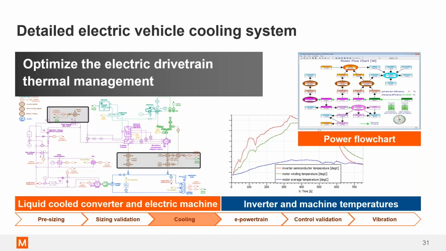Things around cooling, being able to design and size a cooling system for your particular, you've now got a motor, now you know what the losses are, now you need to cool it, because otherwise it'll just run itself to death and melt itself. And we have the ability there to build out system level cooling operations. We can tie that back to other, more detailed thermal simulations to make sure it's behaving properly.